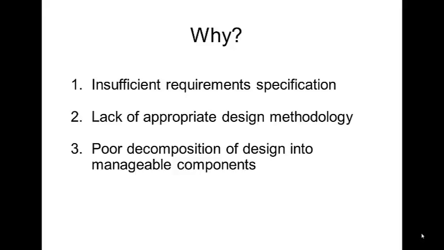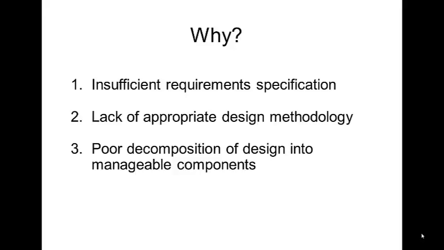Three were identified. Insufficient requirement specification: if it's not exactly clear what needs to be built and why it needs to be built, it's unsurprising that the wrong thing gets constructed. The second problem was a lack of appropriate design methodology. Without an appropriate design methodology, the efficiency of development can be greatly reduced.